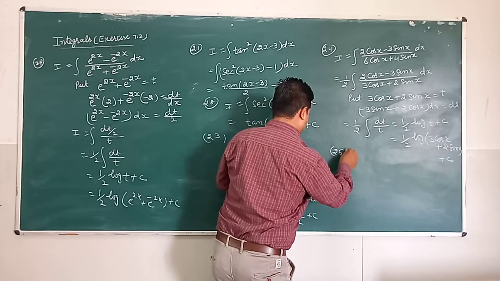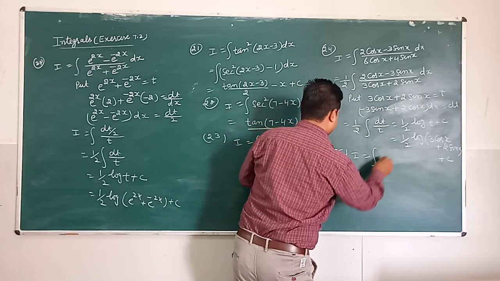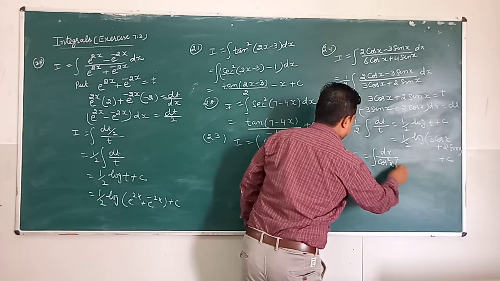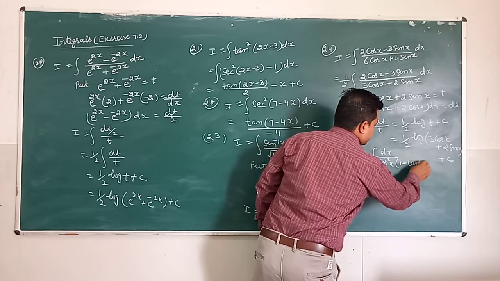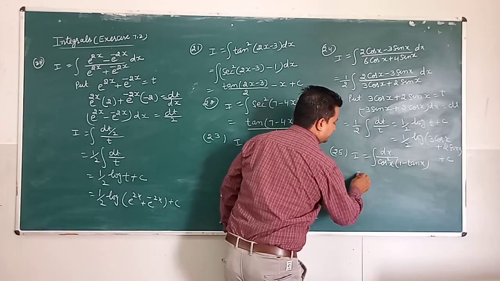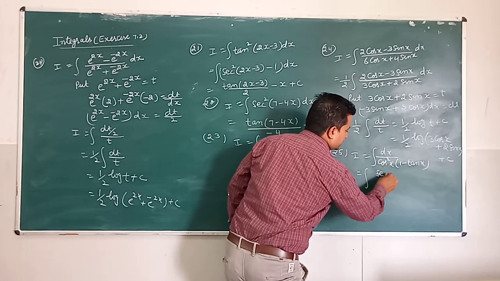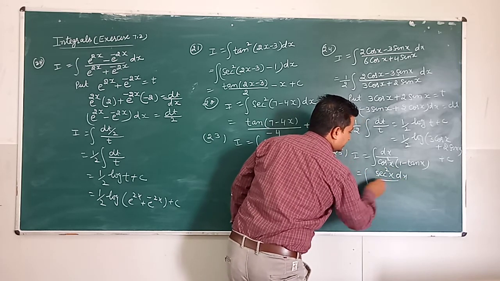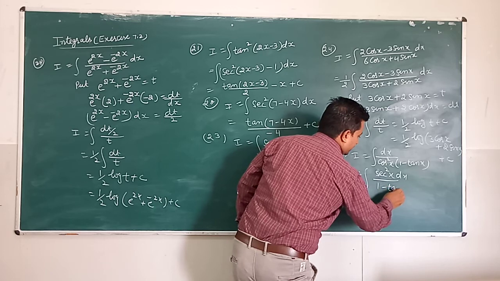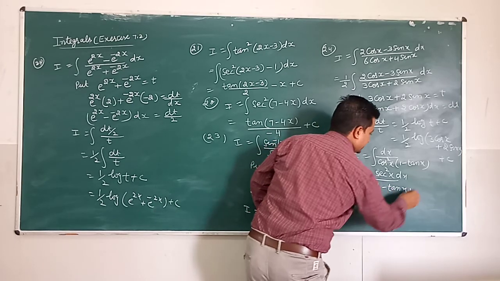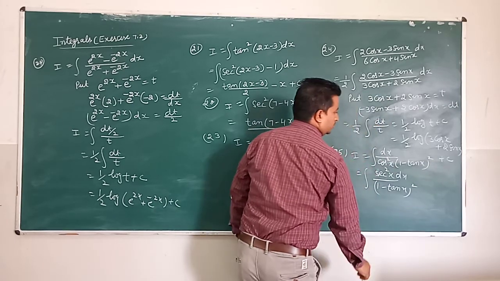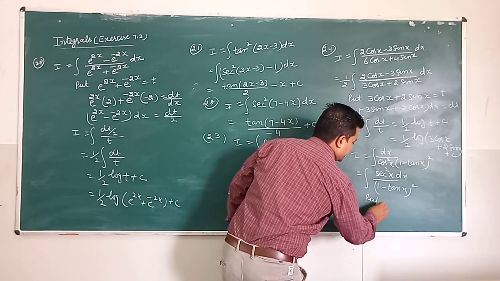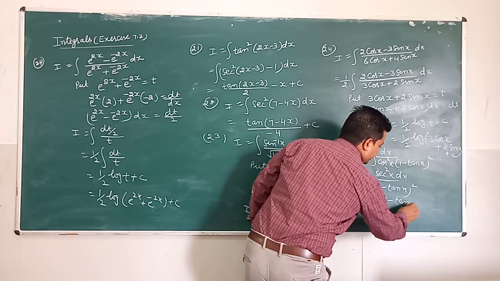In question number 25, dx over cos square x into 1 minus tan x whole square. First we take this cos square x in the numerator, so it's secant square x. It's 1 minus tan x, here is whole square. So in this question, we first put 1 minus tan x equals t.